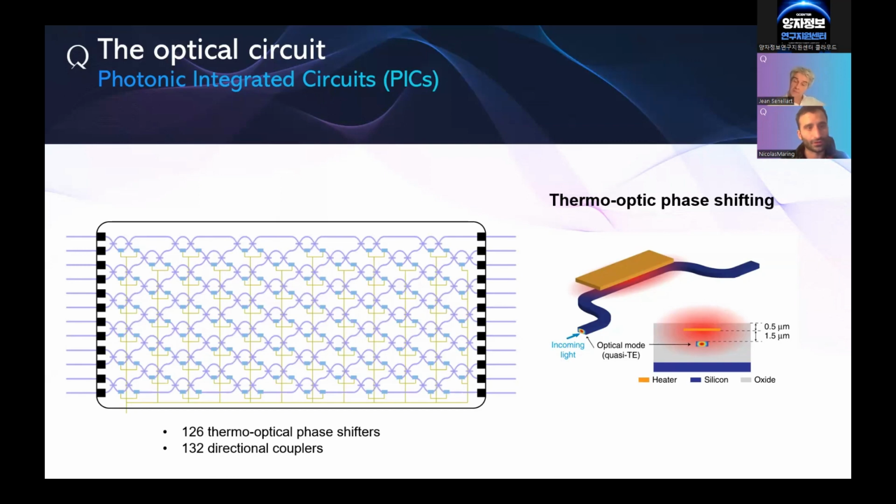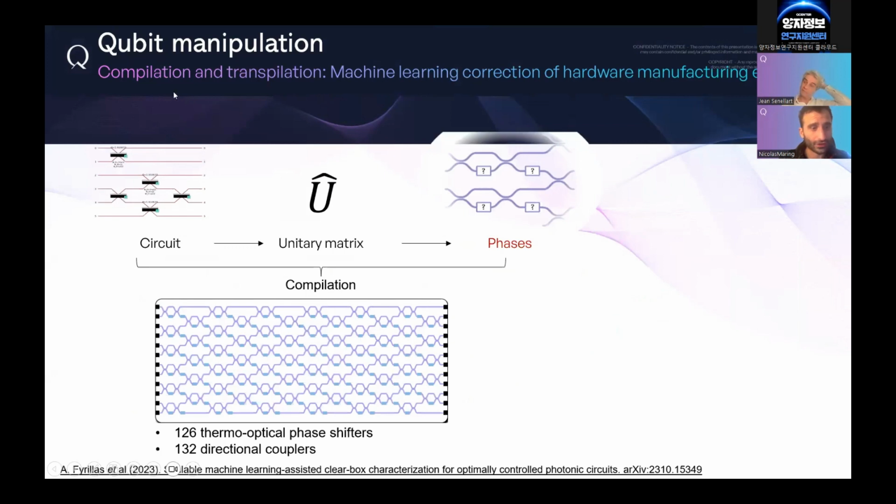The refractive index of the mode is dependent on the temperature, and you will change slightly the speed of the light traveling through it. In our Quandela chip, we have 126 of these thermo-optical phase shifters and 132 of these directional couplers.